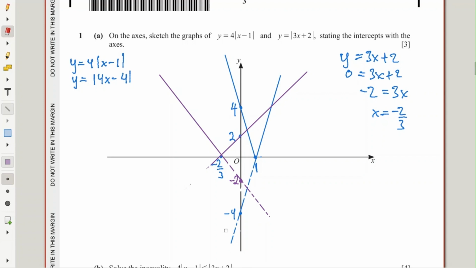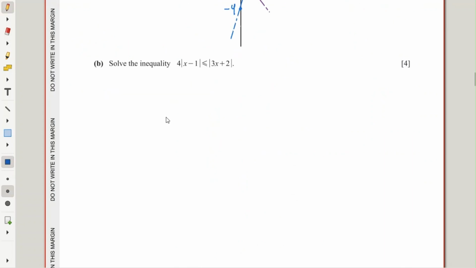So that's how my graph is going to look like. All right, let's look at B.